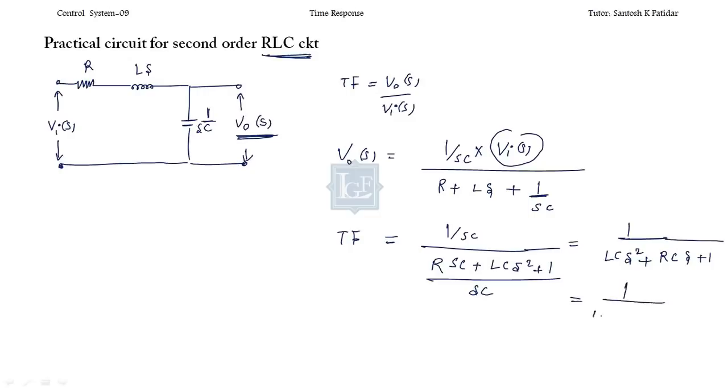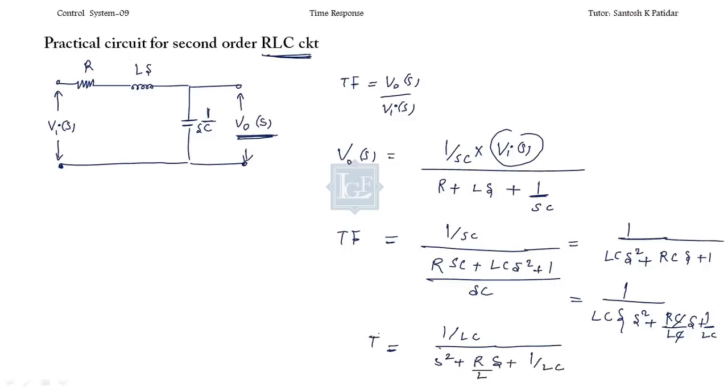Okay, now you can take LC common, so this LC will come out, you will remain with S square plus RC divided by LC times S plus 1 by LC. So can I write this transfer function equation like 1 by LC divided by S square plus, this C will cancel out, R by L S plus 1 by LC.